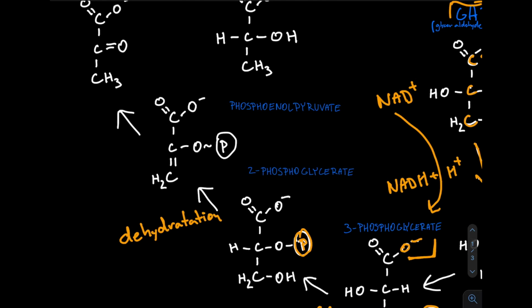In this reaction we're getting rid of this hydroxyl group right here and this hydrogen right here. They're no longer here, as we can see, and they're forming a molecule of H2O. And there is this double bond that's formed here in a product called phosphoenolpyruvate.